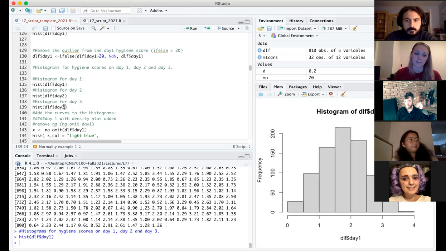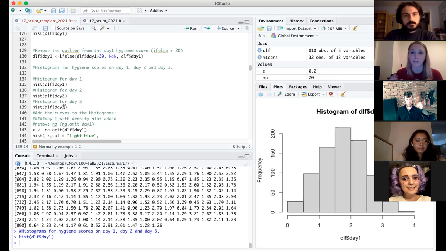Because think about this: if our null is that they're the same, but what we're actually testing is that there's a difference between day 1 and day 2, then whenever we're looking for normality, we shouldn't collapse those together, because we're already thinking there's a possibility they're different distributions. So we need to look at their normality separately.